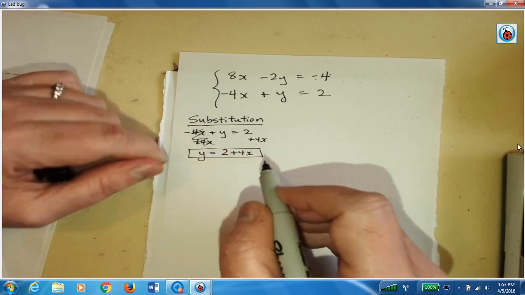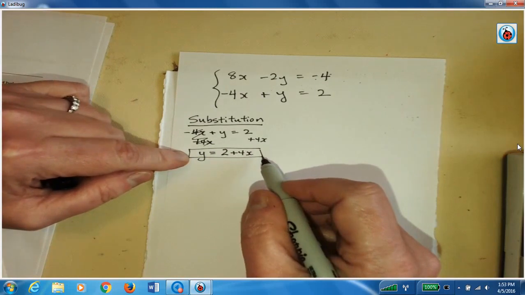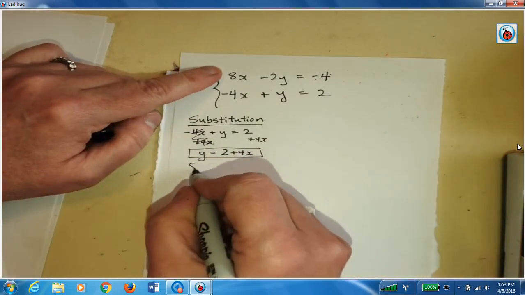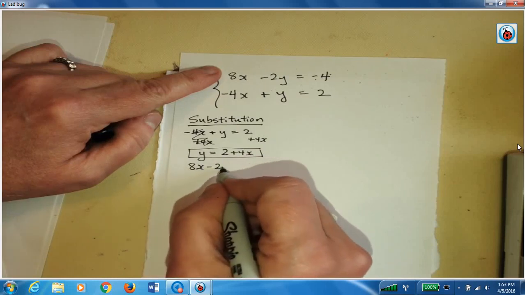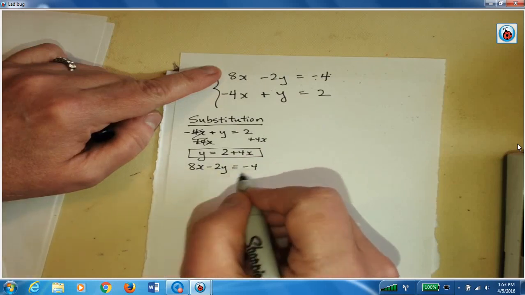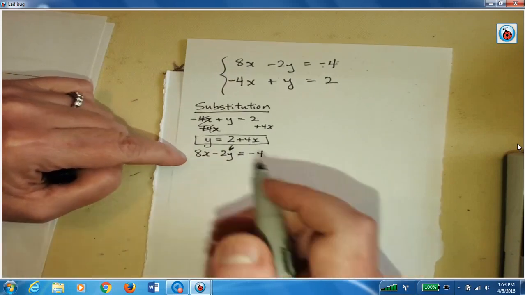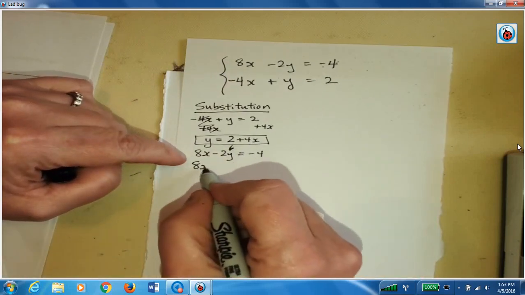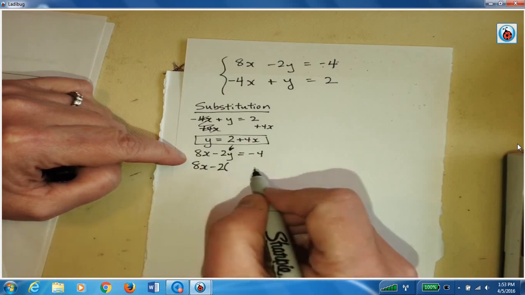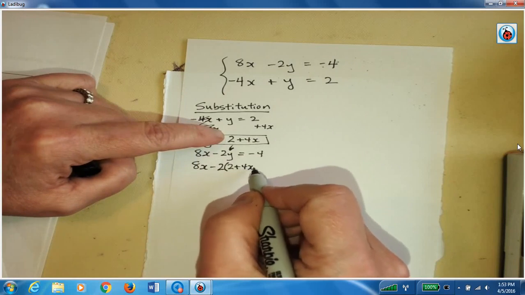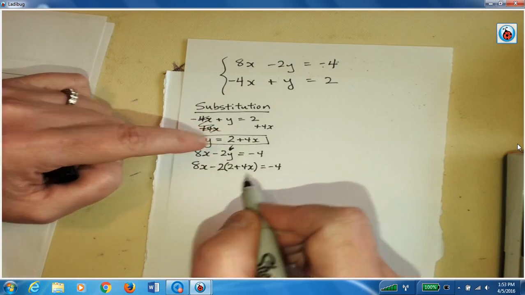I'm going to take this and I'm going to substitute it into the equation I did not use, which was the top equation. So let me rewrite it down here. So I'm going to substitute this in for y. So this equation now becomes 8x minus 2 times y equals negative 4.